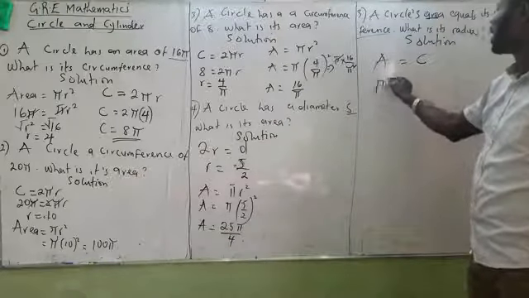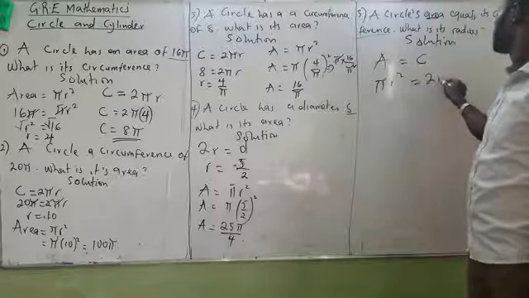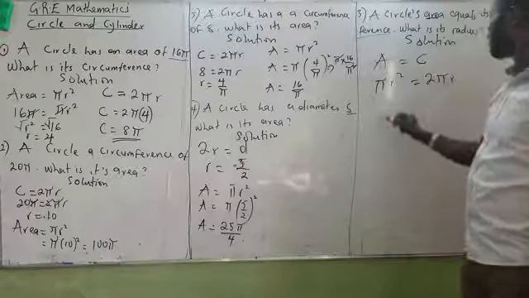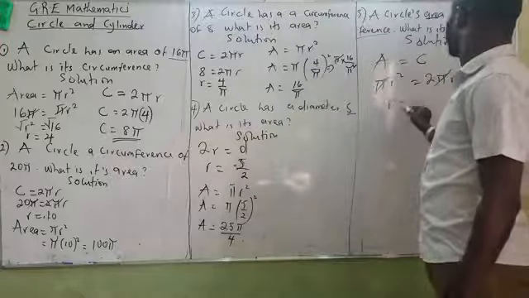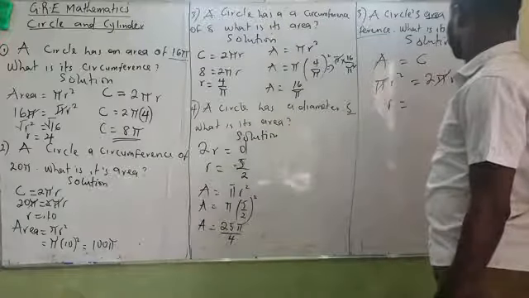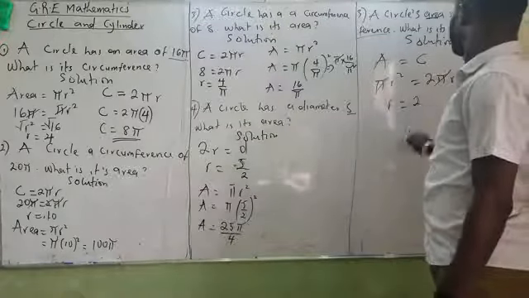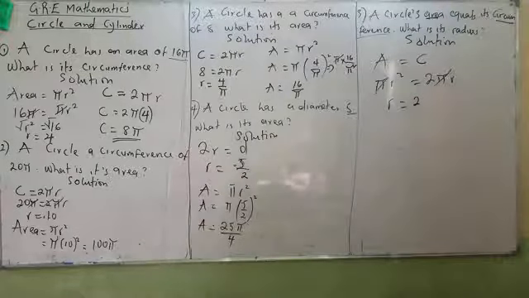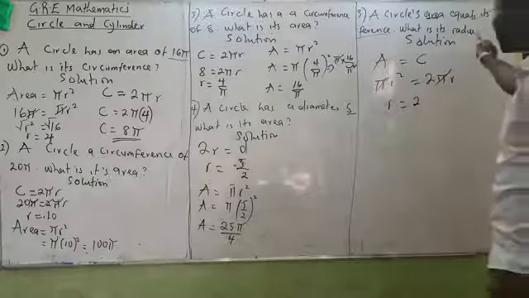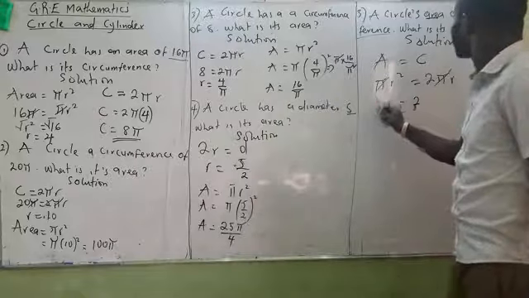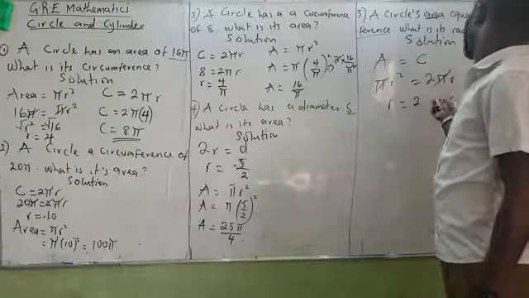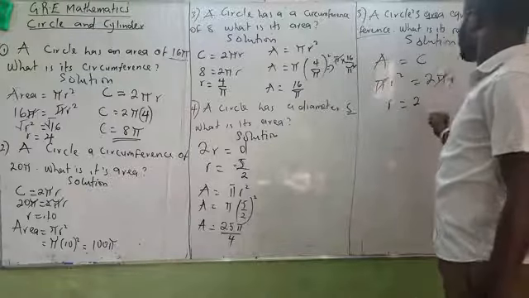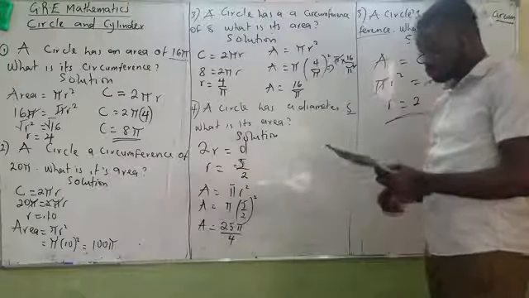The area is pi r squared, which equals 2 pi r. Now we cancel pi and r. My r will be equal to 2. Now, since my r equals 2, the radius equals 2.